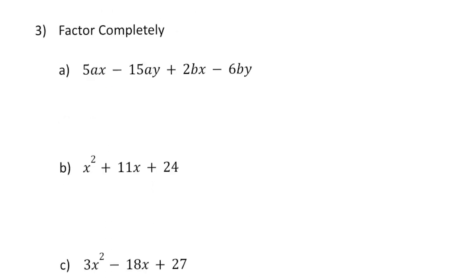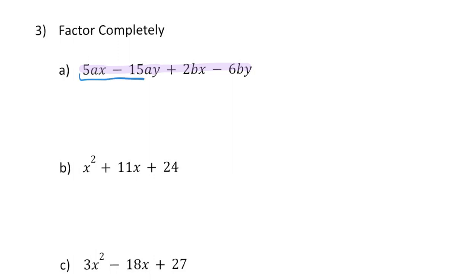So remember that when we are factoring, we want to first look for a GCF and also decide how many terms our polynomial has. So in our first polynomial we're looking at, question A, we have 4 terms. So when we have 4 terms, we want to break that up into 2 and 2.